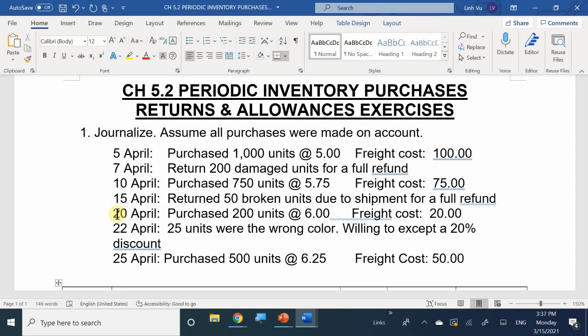However, general rule of thumb is usually going to be related to the most recent one that you purchased. So in this case, I recently purchased it on the 10th and I found out 5 days later, because I ended up opening all the boxes, that 50 of them were broken. So now I'm going to request a full refund based off of those units.